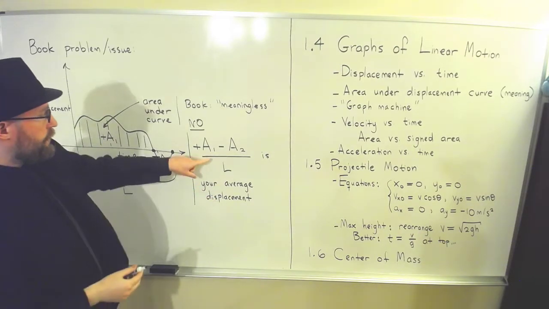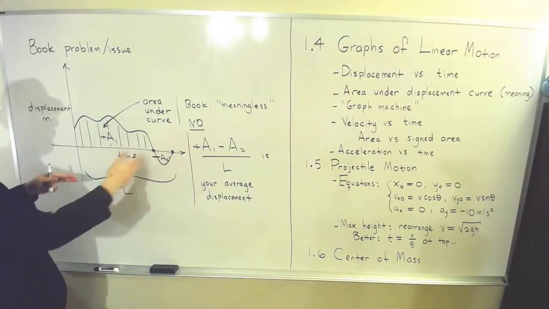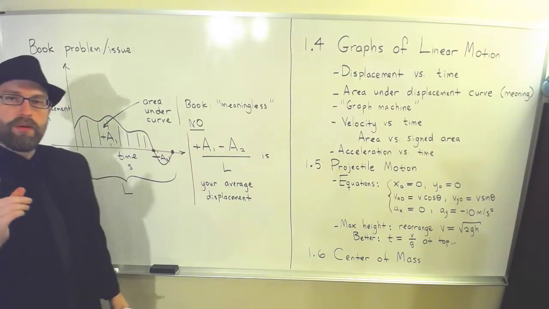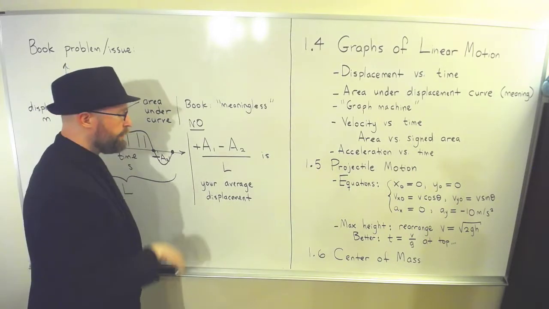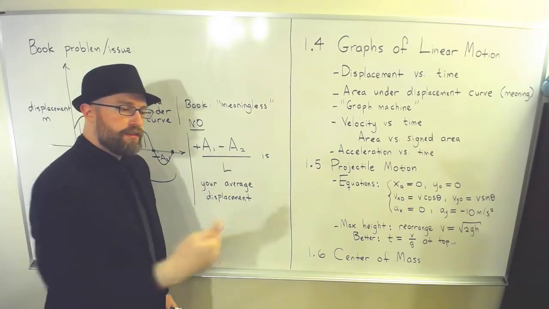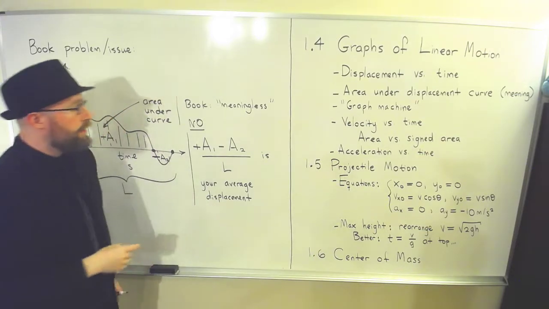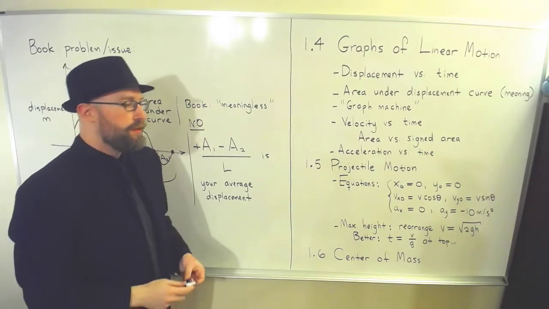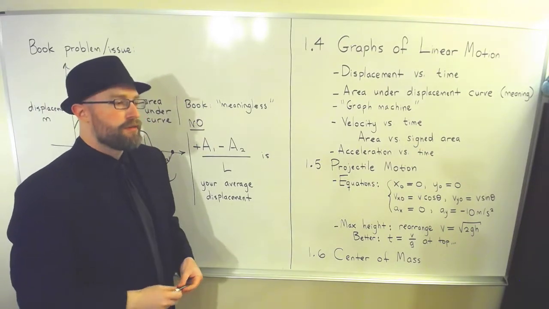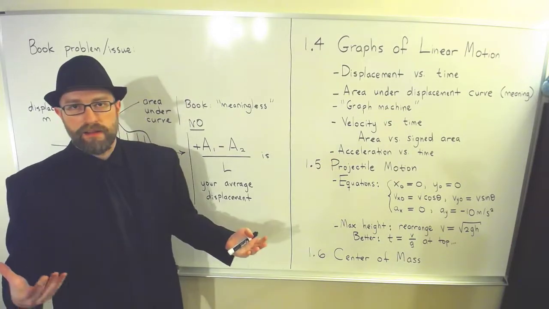So this quantity, the area divided by the length of that interval, is important because it's telling you your average displacement. Now, the average value of something is an important quantity. For instance, take something like blood pressure. You can drive up your systolic blood pressure by exercising, for instance.